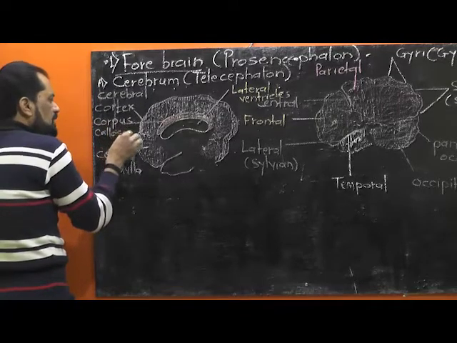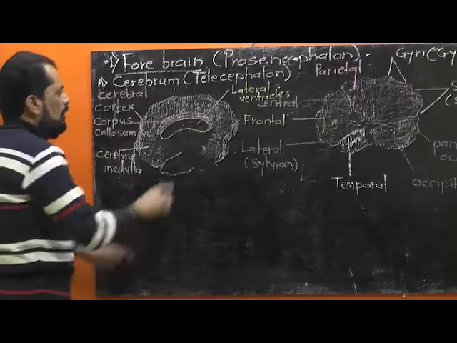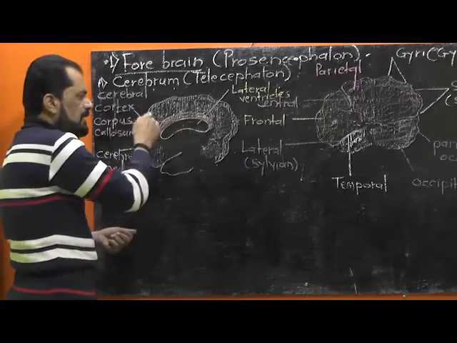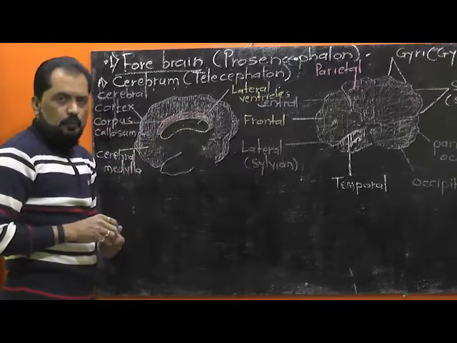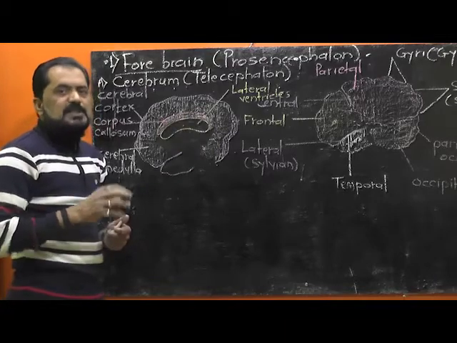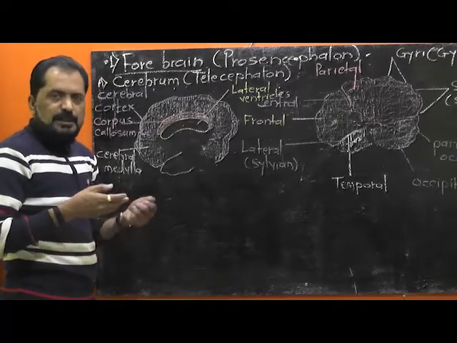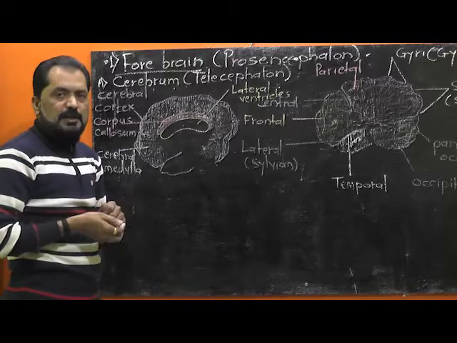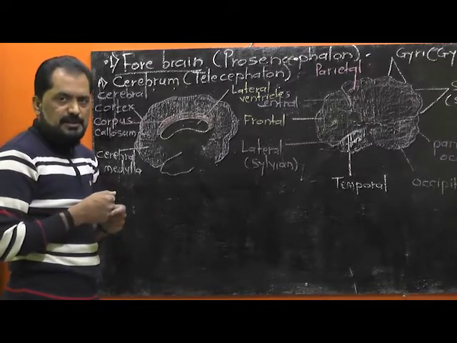Here I am writing corpus callosum. The anterior part of the corpus callosum is known as the genu, and the posterior fold is known as the splenium. Of course, it connects both cerebral hemispheres from the ventral side.